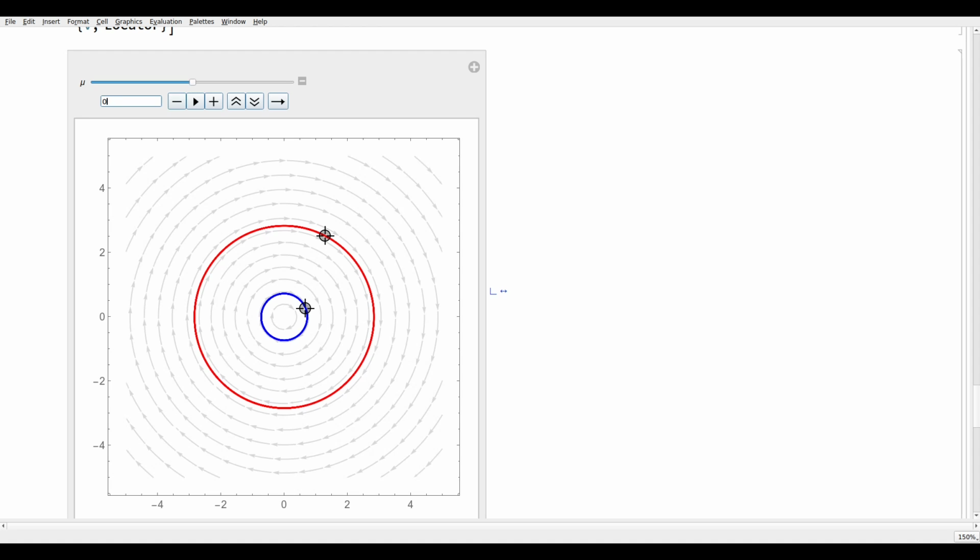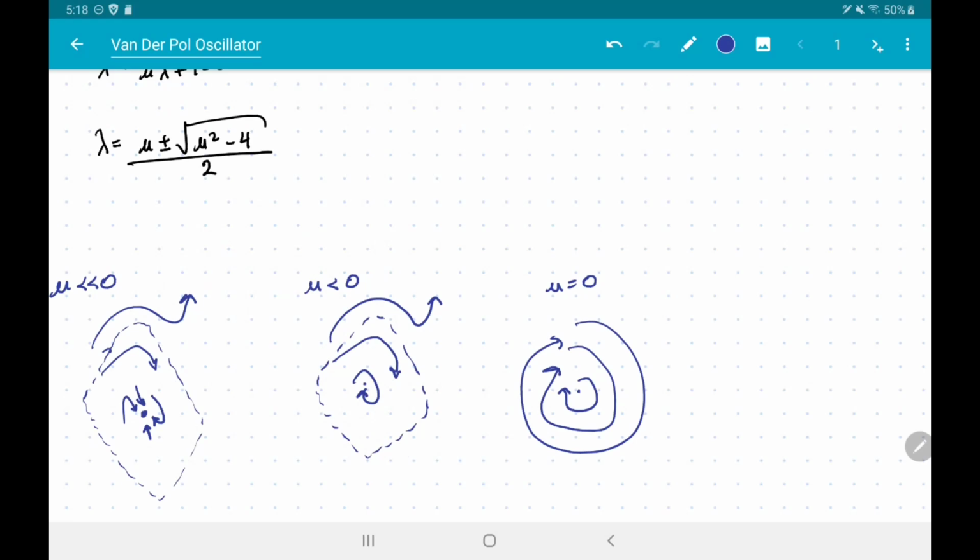The origin is neither stable nor unstable in this sense. Well, it's stable but not asymptotically stable. Let me be perfectly correct about it. I haven't made much of that distinction in this class, but that's something we can get into if you are interested. So there we have a whole nested family of closed orbits. So that's mu equals 0.